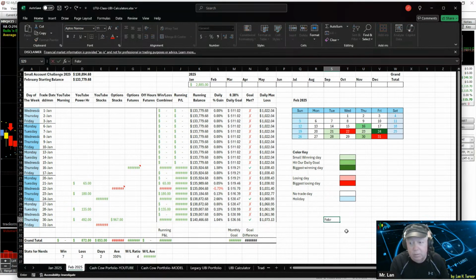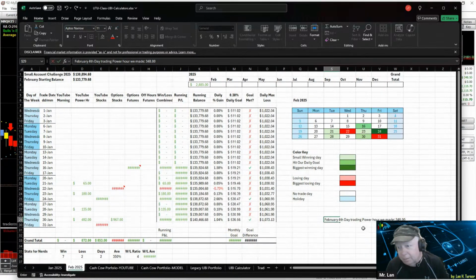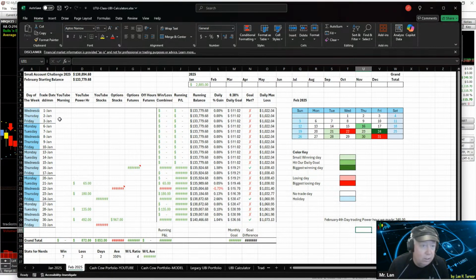February 4th, day trading power hour. We made how much? $348. So I will create this spreadsheet and spend the time offline so you guys don't have to watch me clear out all this stuff, start over and reset my calendars. Then I'll put that $348 over on here on YouTube Power Hour, February 4th at 3:48. So then we'll have a record of that. That'll be nice.